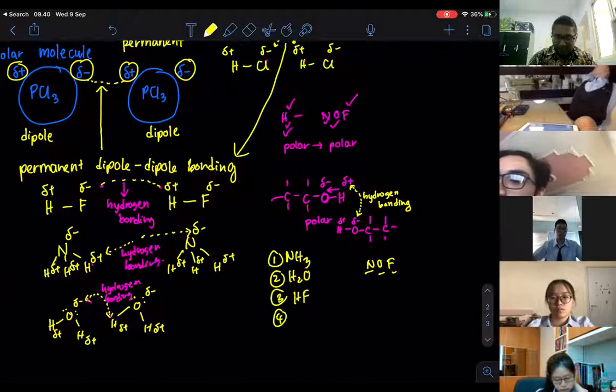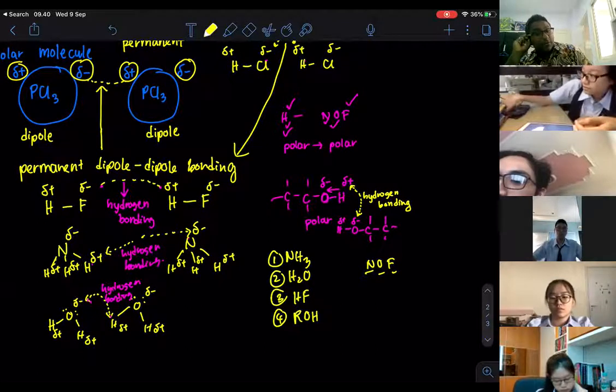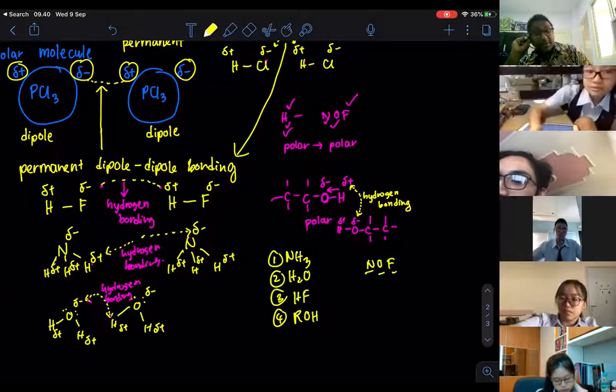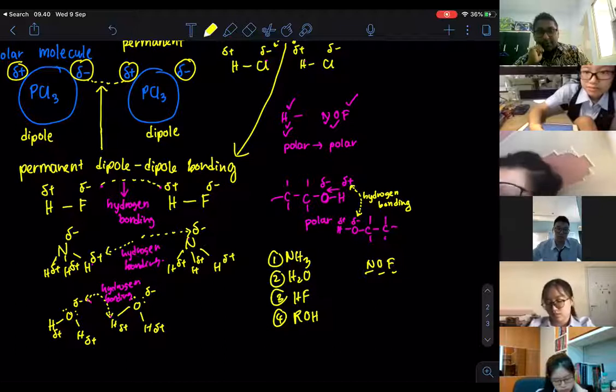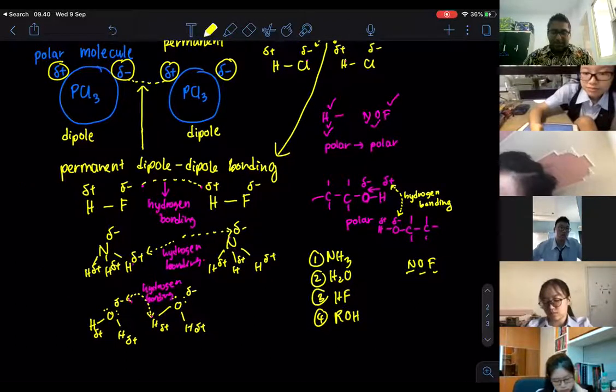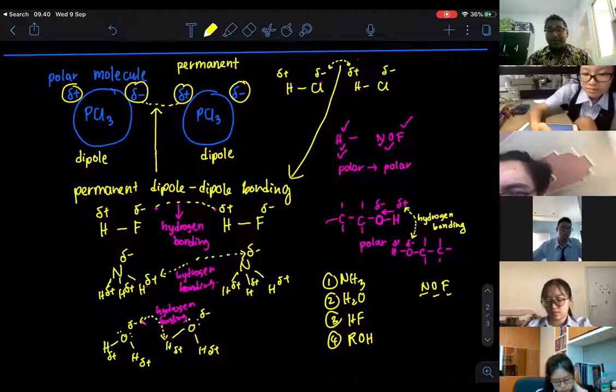One more is alcohol, so I'll put it ROH. So in total, 4 molecules can exhibit hydrogen bonding. So that is about permanent dipole-dipole bonding, and also hydrogen bonding.